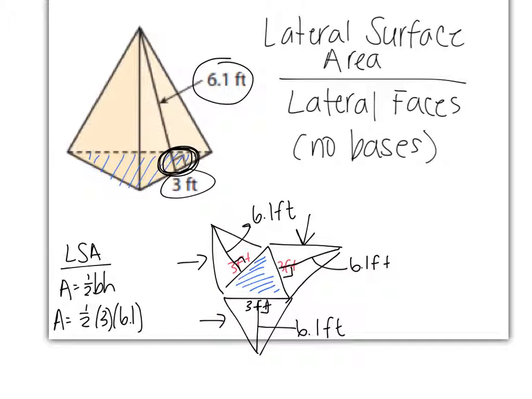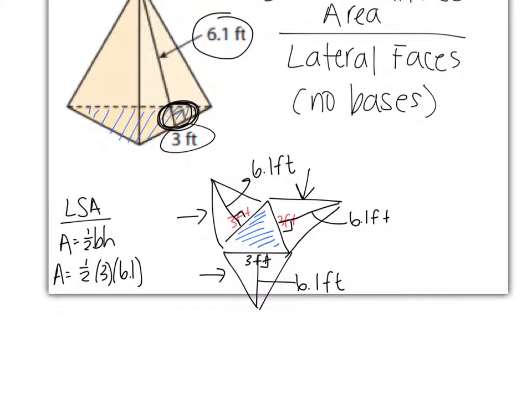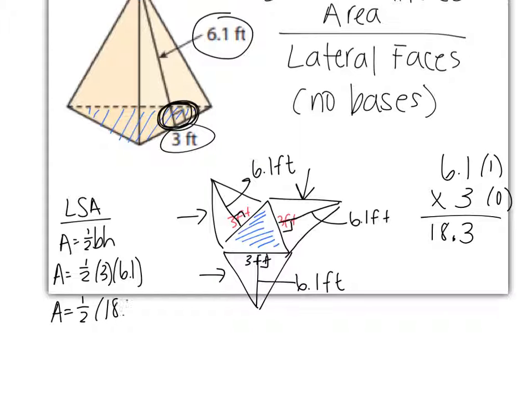There's no easy halving, so I would recommend doing 6.1 times 3, and then dividing that by 2. So we have 3 and we have 18. There is 1 decimal place here, none here, so there will be 1 in my answer. So area equals 1/2 times 18.3.